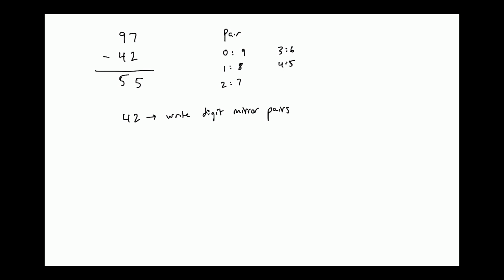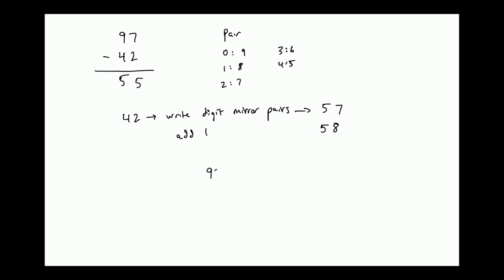Instead of the 4 and the 2, I'm going to write their mirrored pairs in this crazy scheme I've come up with. What does 4 become? 5. And what does 2 become? 7. Now add 1 to that. You get 58 now.